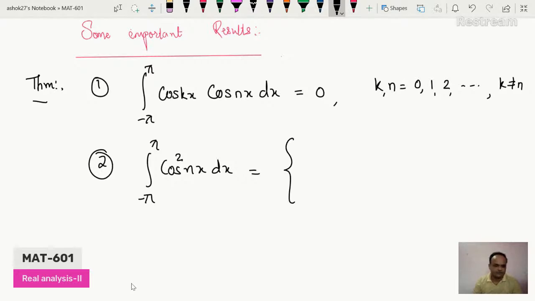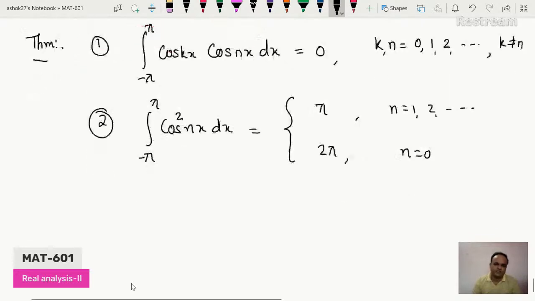This integration is pi for n varying from 1 up to plus infinity, and its value is 2 pi if n equal to 0. So when n is 0, then value of the integration is 2 pi, and if n is not equal to 0 and it is greater than 0, then in that case the value of this integration is just pi.